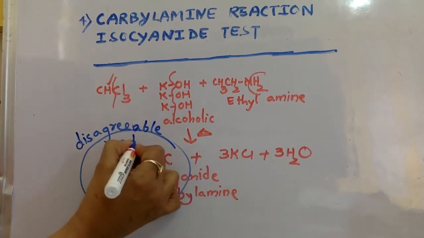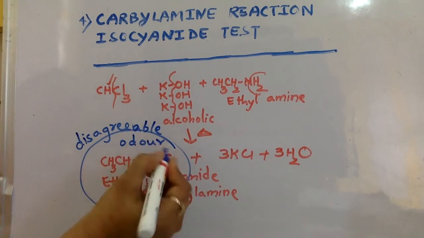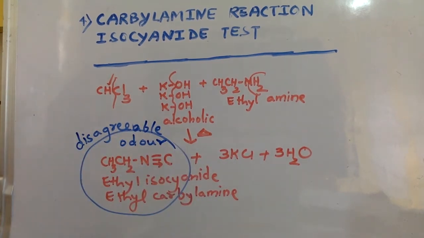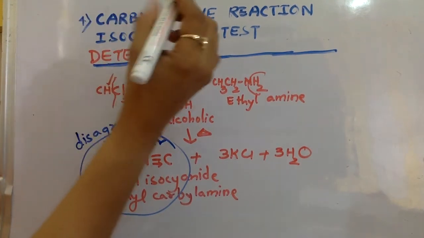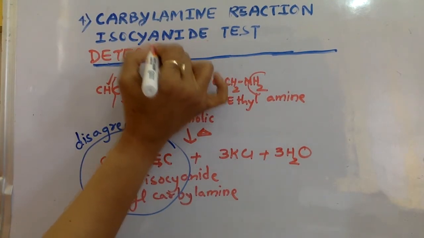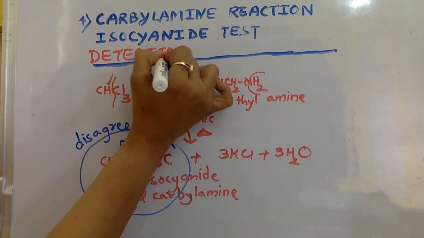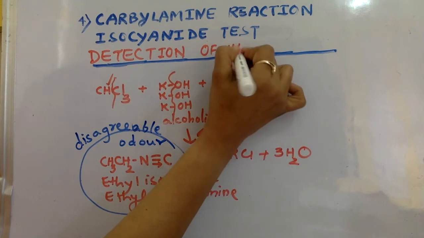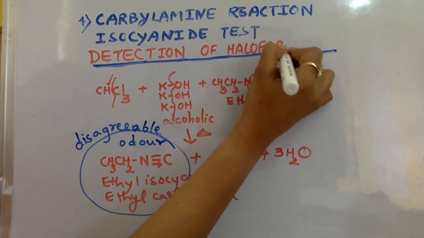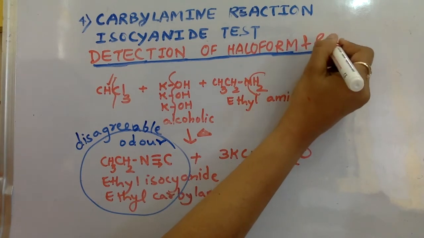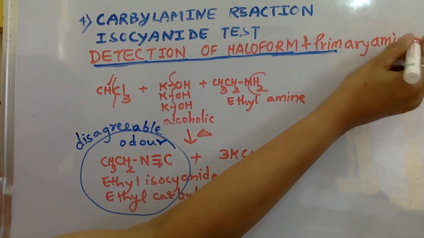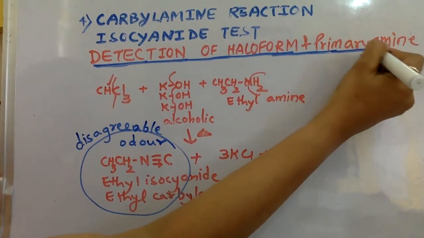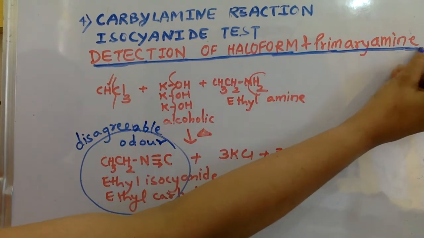Now because of the disagreeable odor of this substance, obviously it can be used as a detection test for, जैसा ये गंदा बास आने लगता है, the smell of a bad nectar, तो इसलिए इसको यूज कर सकते हैं in detection of haloform and primary amine, and it can detect both primary aromatic amine and primary aliphatic. यानी कि अगर यहाँ पर हम इथाइल की जगह एनिलीन लेते तो भी ये टेस्ट होता.